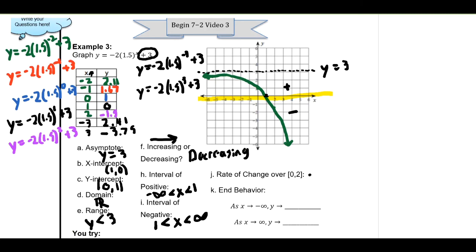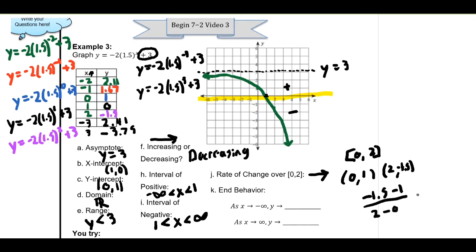The next thing we have is the rate of change over the interval from 0 to 2. So we need ordered pairs with an x value of 0 and an x value of 2. We did find both of these when we were graphing. 0, 1 was the one ordered pair we had. 2, negative 1.5 was our other. So I'm going to do negative 1.5 minus 1 over 2 minus 0.